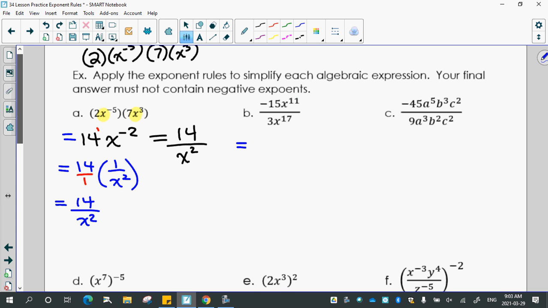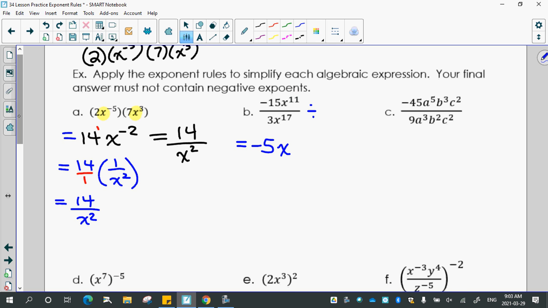All right. Next one. Similar thinking here as this. So I can treat the coefficients, the negative 15 and the 3, and divide those, because this is a divide sign, and get negative 5. And I can divide the powers of x by keeping the base and subtracting the exponents. 11 minus 17 is negative 6.